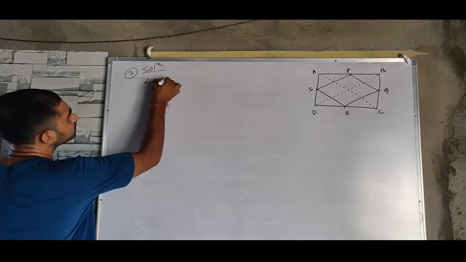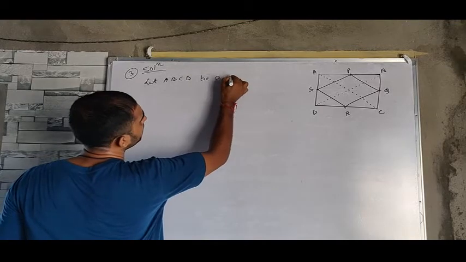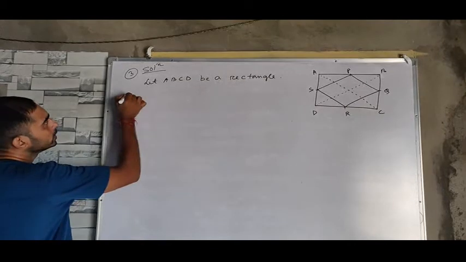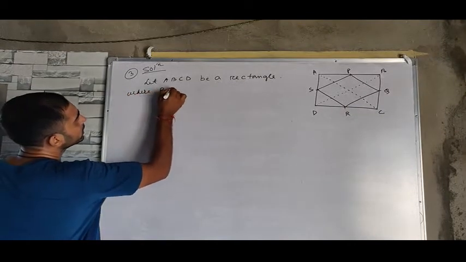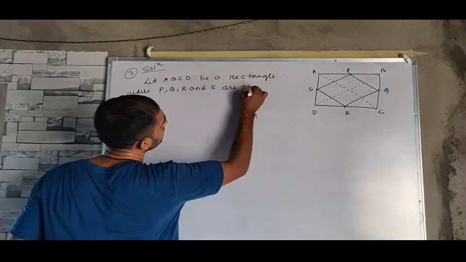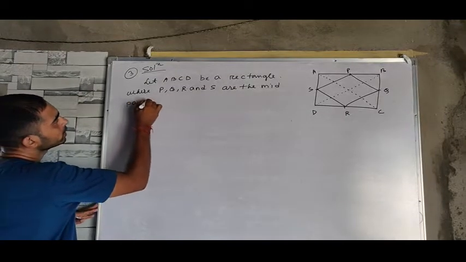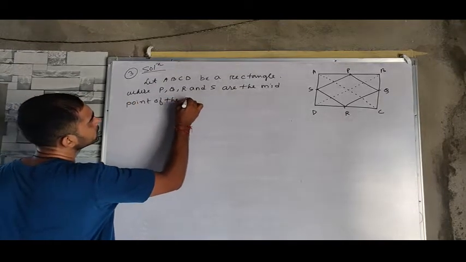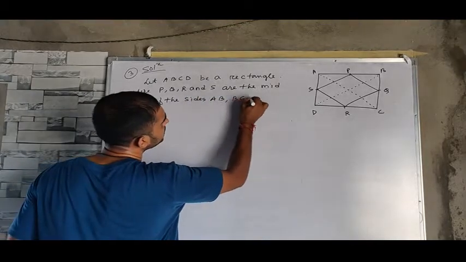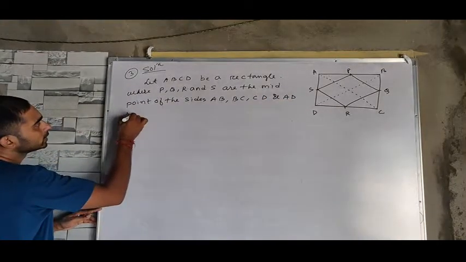Let ABCD be a rectangle where P, Q, R and S are the midpoints of the sides AB, BC, CD and AD respectively.